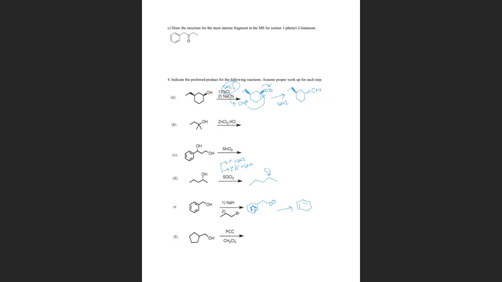Good job, everyone. So we will have something that looks like this. Let's look at F. What does PCC do? And by the way, this CH2Cl2 is not a reaction. This is just the solvent that it's in, so you don't have to worry about that. If it's a reaction, it should be numbered like an E, where it has number 1, then number 2.